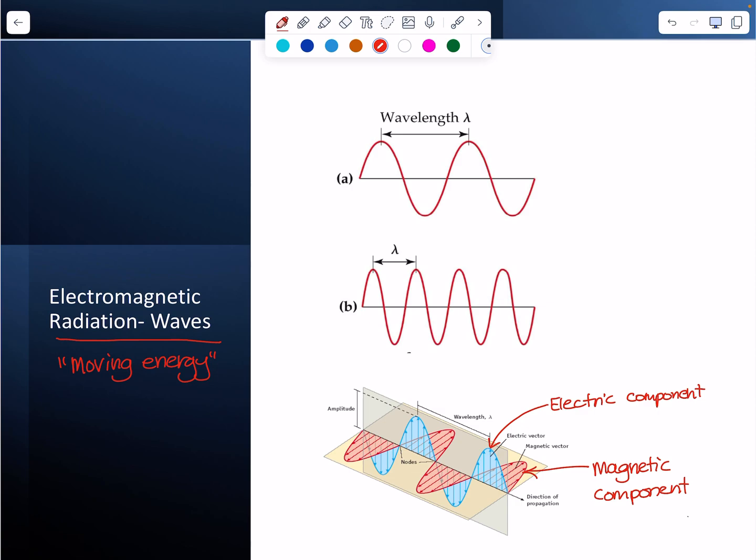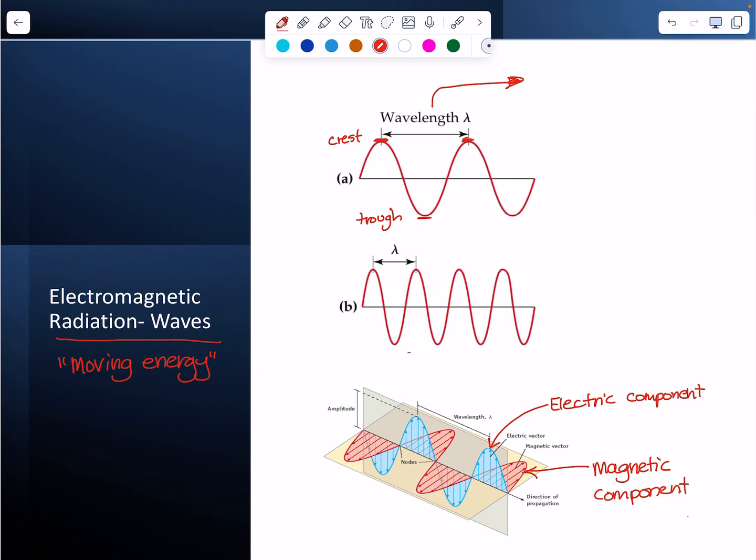When we talk about the wavelength, what we're talking about is the distance between two crests. The up high part would be called the crest. The down low part would be called the trough. So our wavelength is really the distance it takes our wave to hit one repeat.